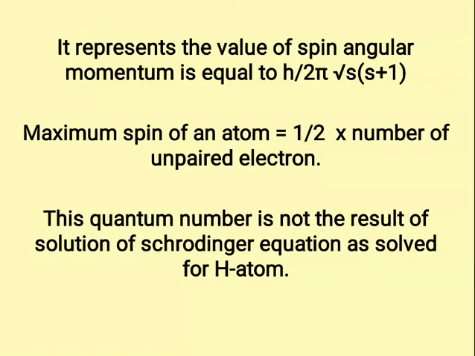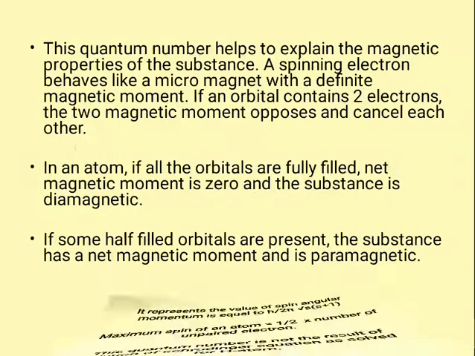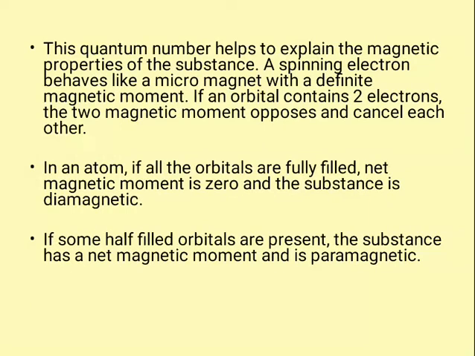And the maximum spin of an atom can be simply calculated using the formula half into the number of unpaired electrons. Mind it, unpaired electrons. So this quantum number is not the result of the Schrödinger wave equation. Next, this quantum number helps to explain the magnetic properties of a substance, because a spinning electron always behaves like a micromagnet, having some magnetic moment.